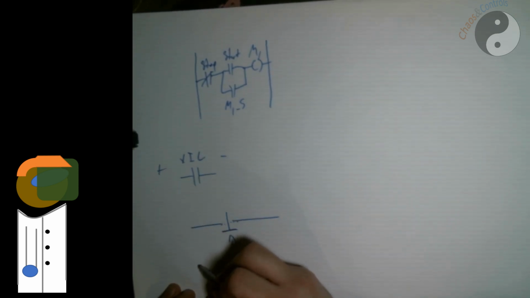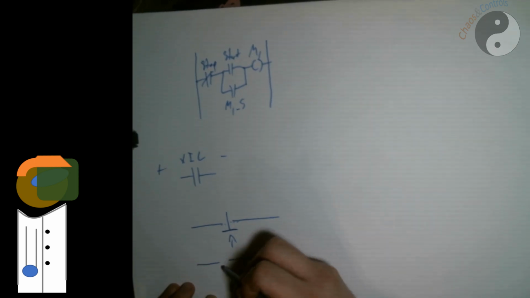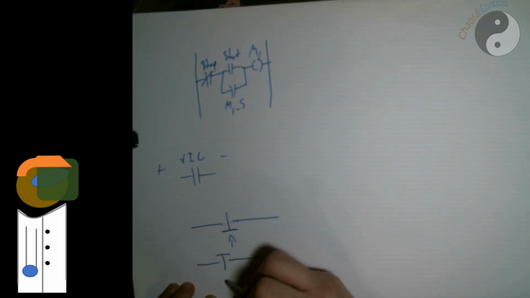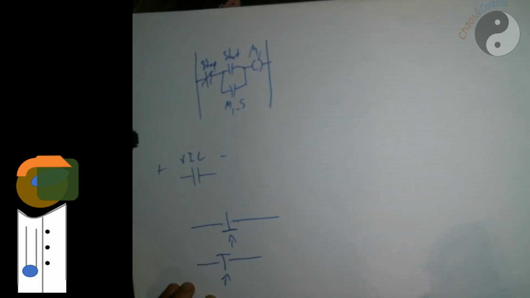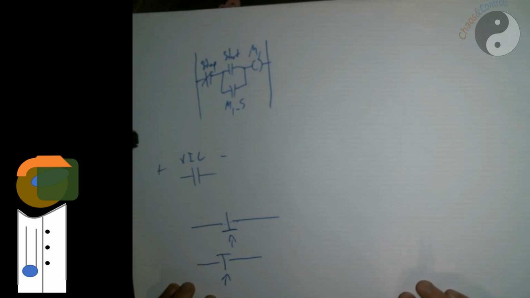Subsequently, we can also have a button that looks something like this, with spring force pushing also that way. And so normally I cannot conduct going across this until I press this button down.